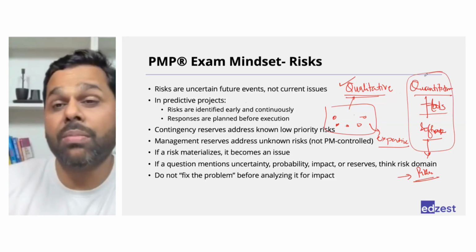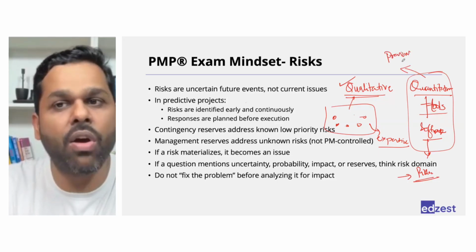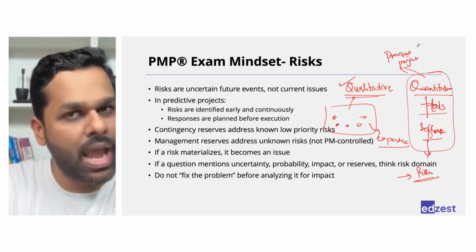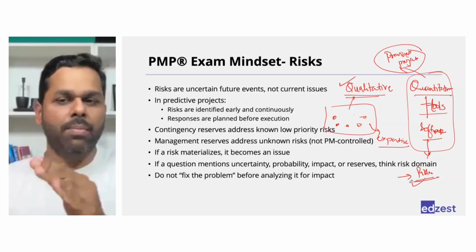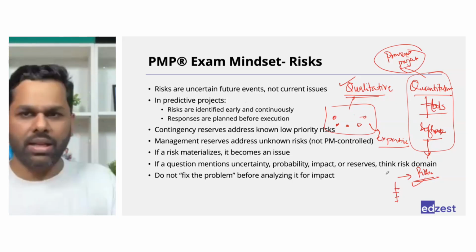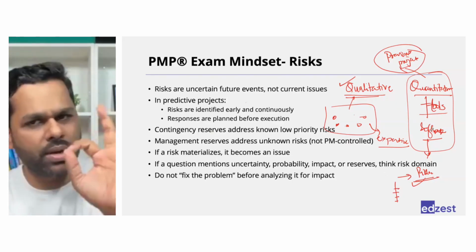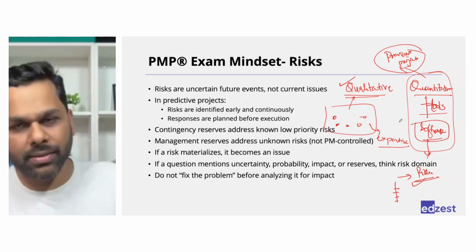Now the software might want you to enter details from previous projects, or it will already be available with it. Based on that, it will tell you the probability and the impact for every single risk. So when you are identifying the risk, this is what you do: you enter into a software, run the whole set, and it gives you the probability and impact.